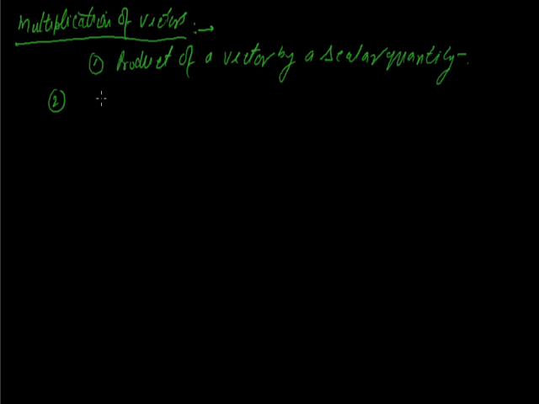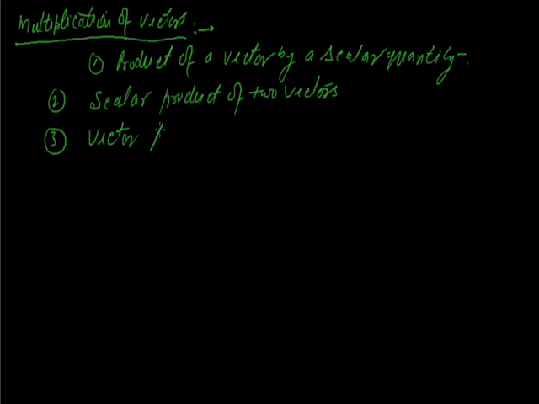Second is the scalar product of two vectors. And third is the vector product of two vectors. Now the last two are most important.